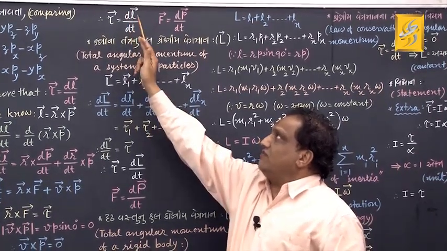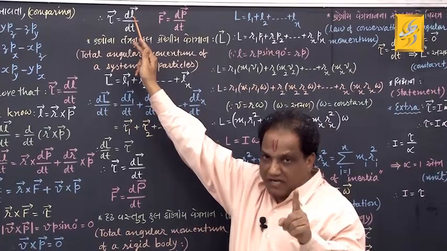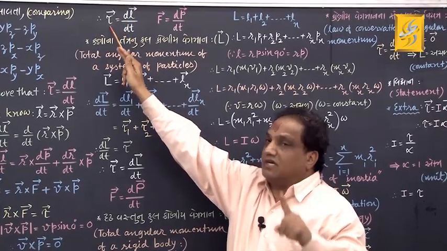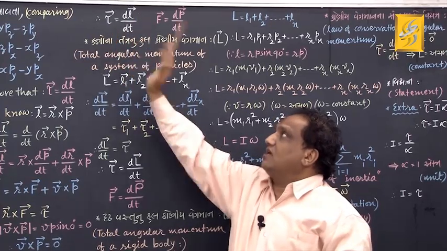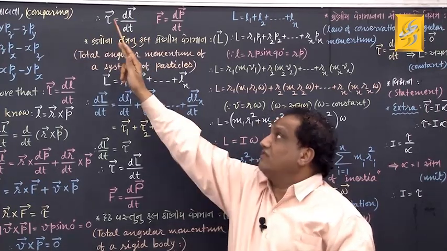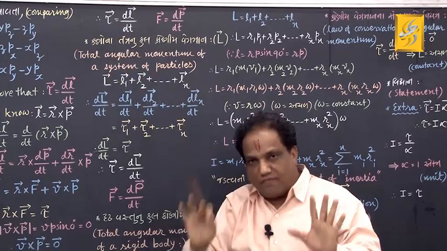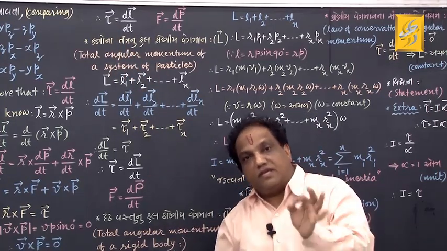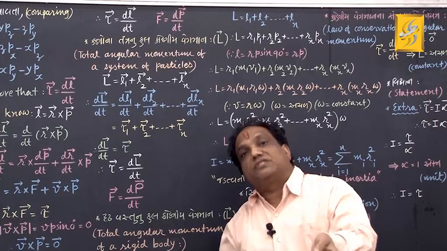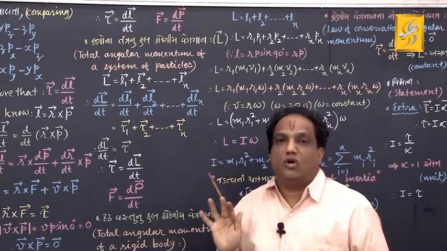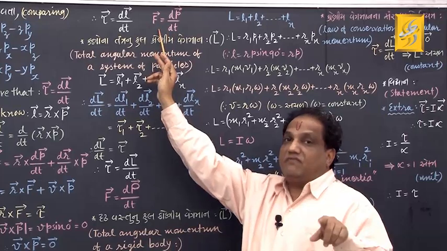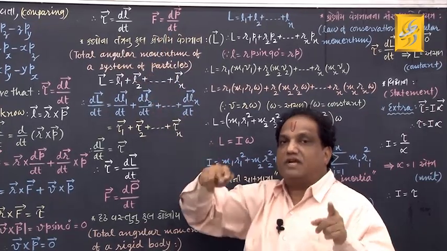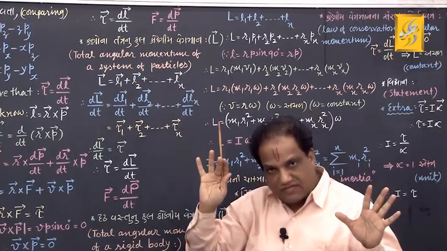Time rate of change of angular momentum of a single particle is always equal to the resultant torque acting on it, and the direction of change in angular momentum is in the direction of the resultant torque. Full stop. This statement is similar to Newton's second law. Okay, fine. Mr. Newton never gave any law for rotational motion, he gave laws of linear motion, correct? Fine.